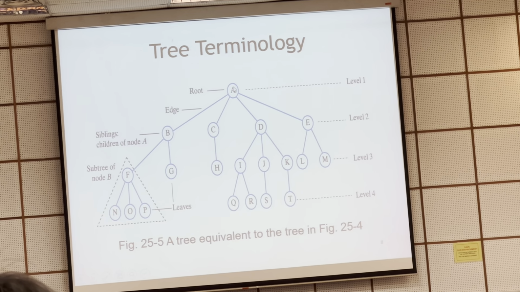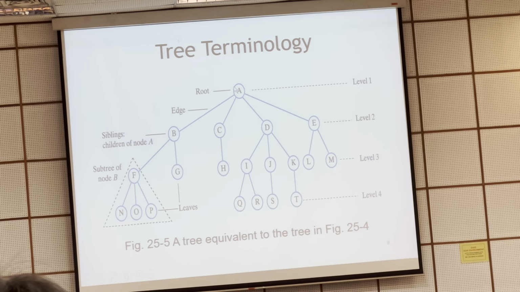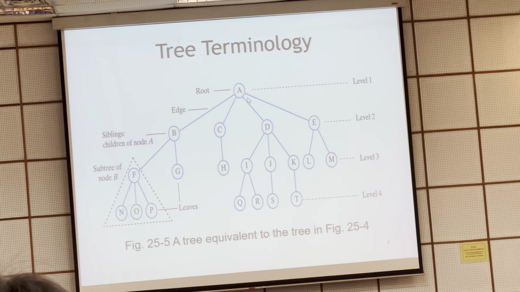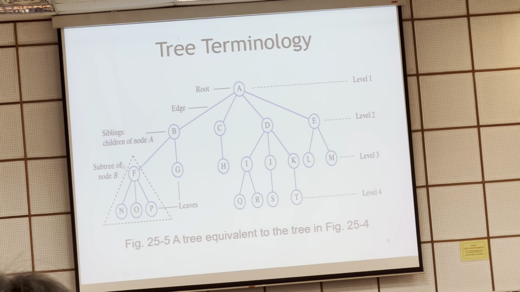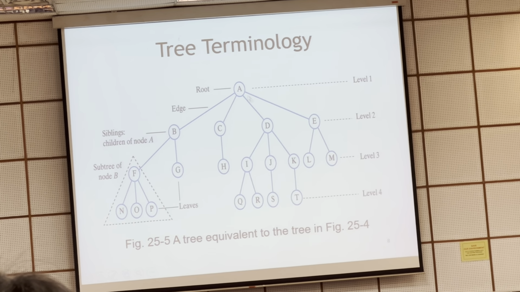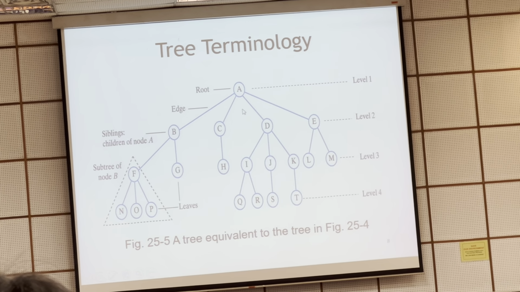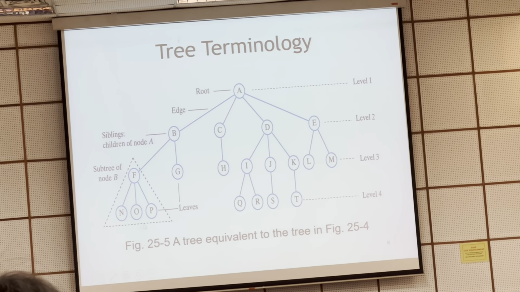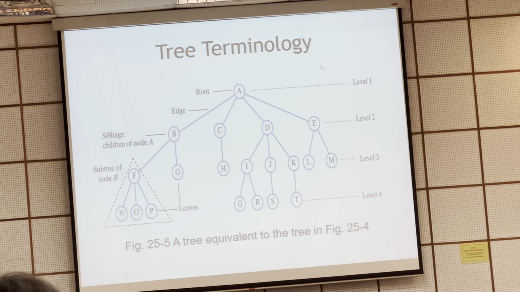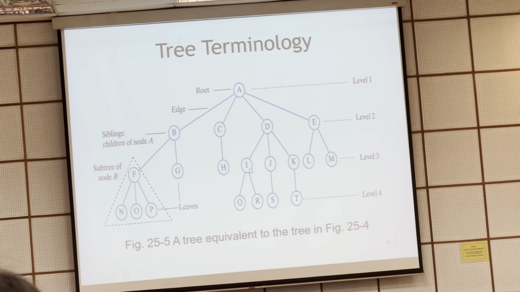B, C, D, E are the children of A. And F, G, H, I, J, K, L, M are the grandchildren of A. Of course, if I were to go further down, I can say great-great-grandchildren. You understand that?